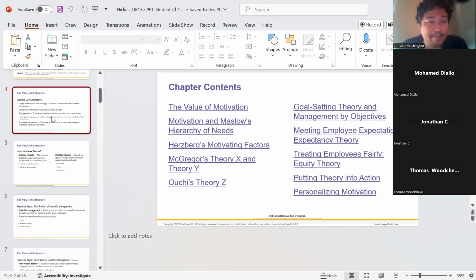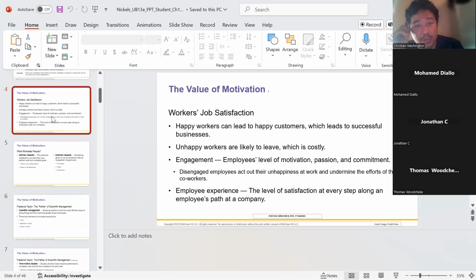So let's begin. Motivation, what keeps workers happy, is understanding the science and the management theory of their satisfaction. Some people do a job because they like the type of work they do, right?